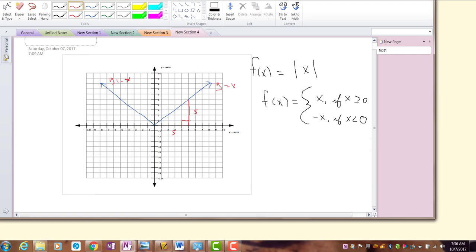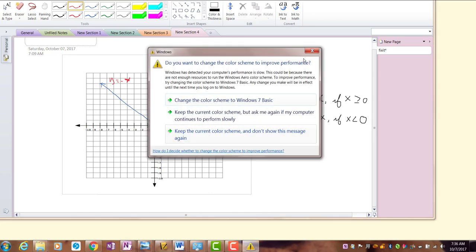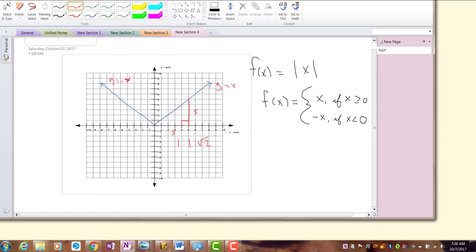Well, Mr. Kruger and Mr. Lilly taught you guys some stuff about isosceles right triangles. They taught you that the ratio of the sides is 1 to 1 to root 2.